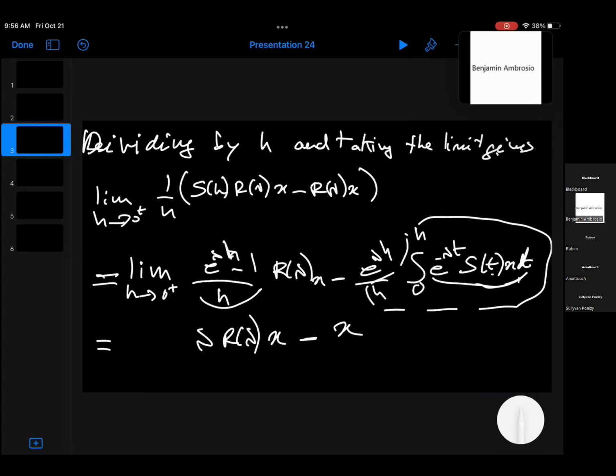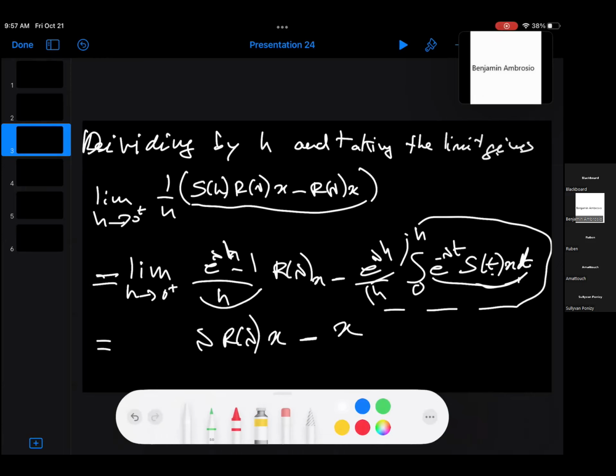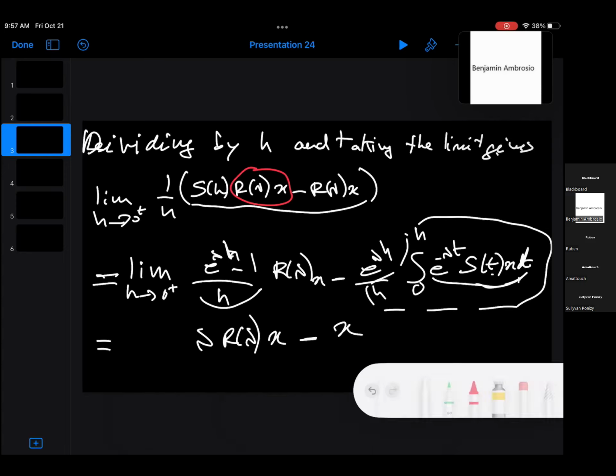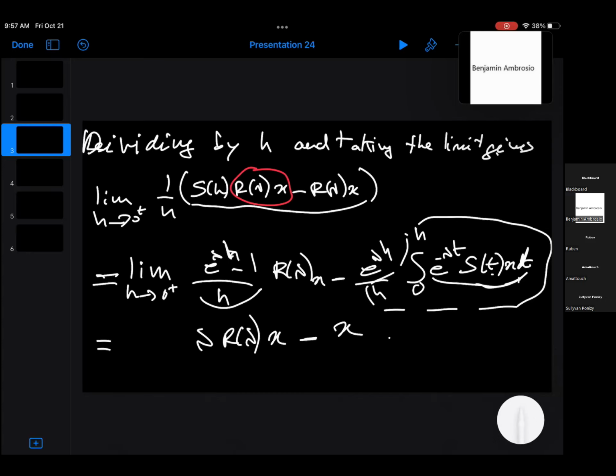So this is the definition of the points that belong to D of A. So I found that for every x in X, this limit exists, which means that R lambda x belongs to D of A, and furthermore, that A of R lambda x is this limit. So what do we get?